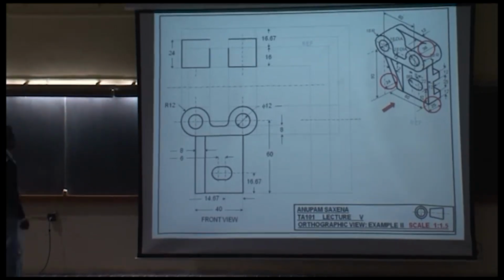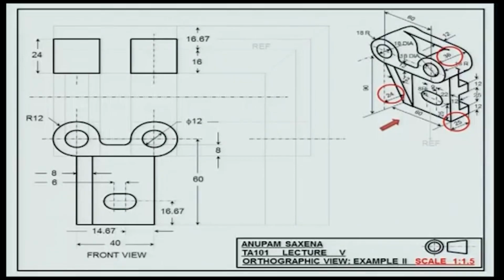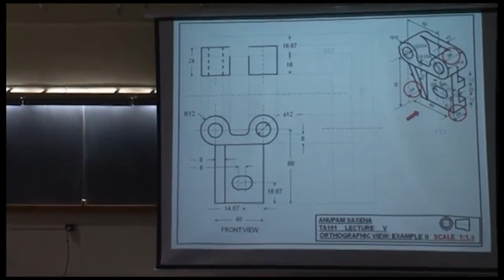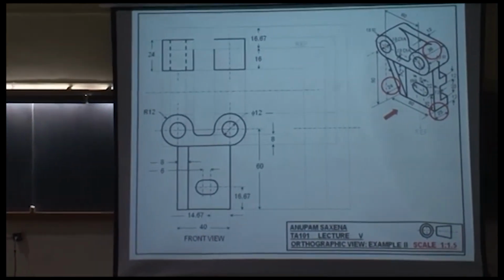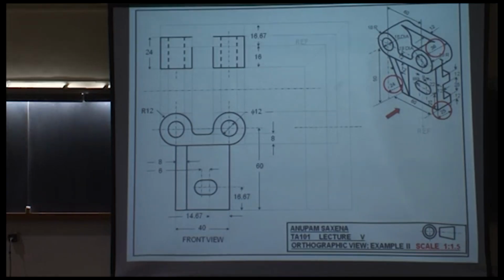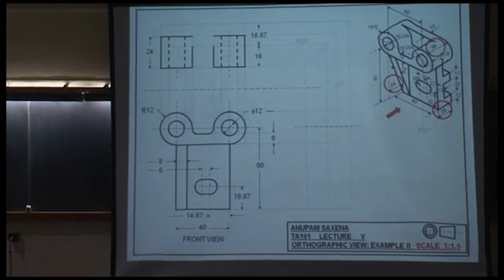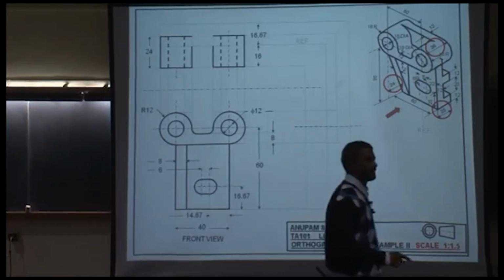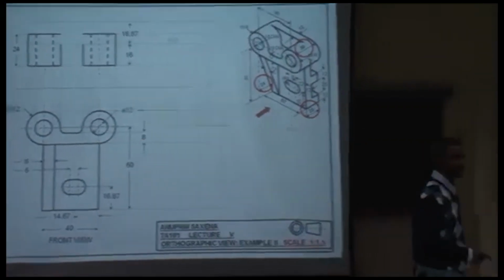Take the projection of these circular voids upwards to the top view and use dashed lines to show this void in the top view, and likewise for the void on the right. Okay? So this is an example that will demonstrate that there are chances that you're going to be missing out quite a few lines. Not just one, not just two, but quite a few.